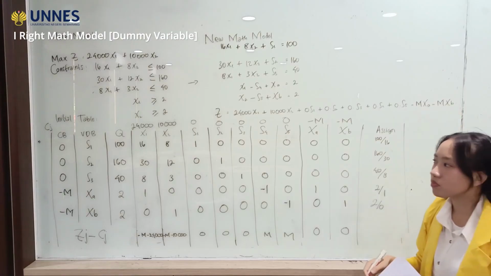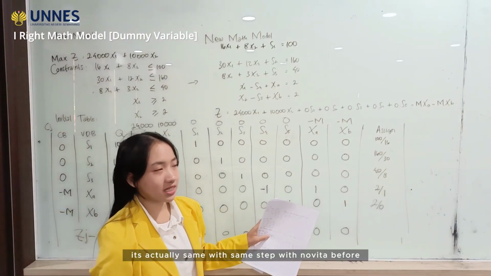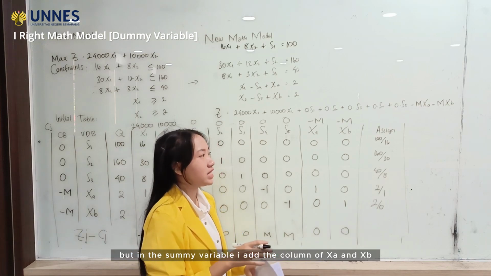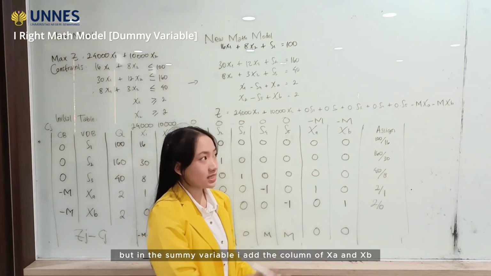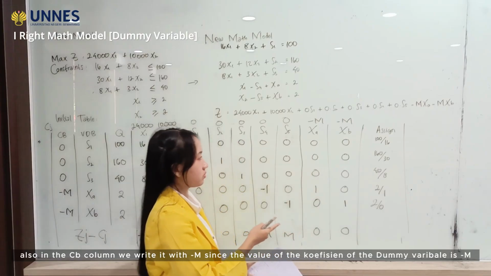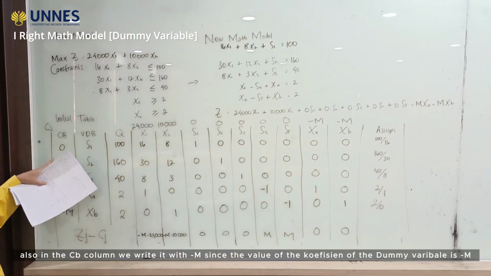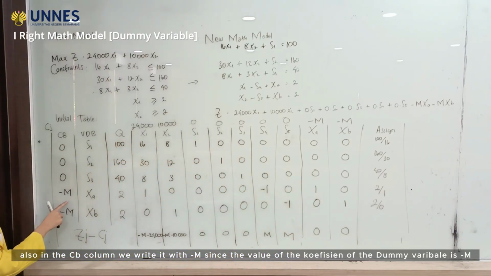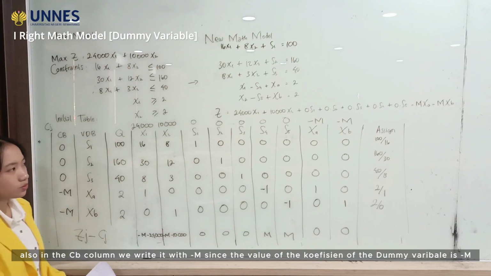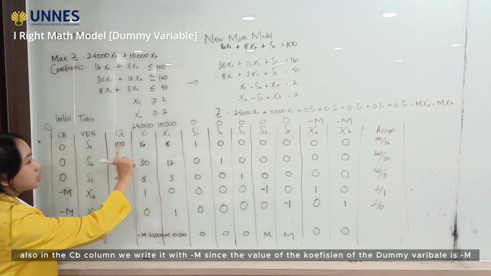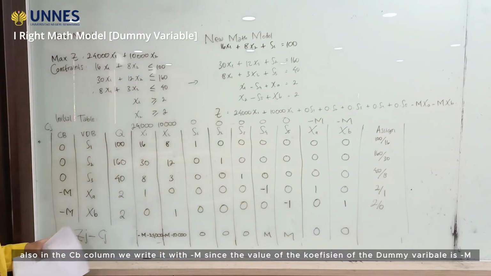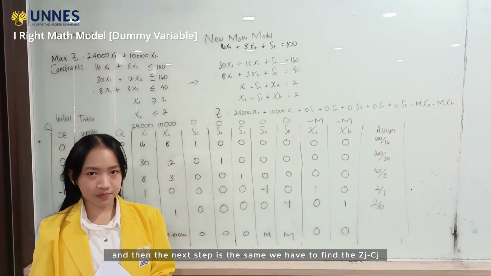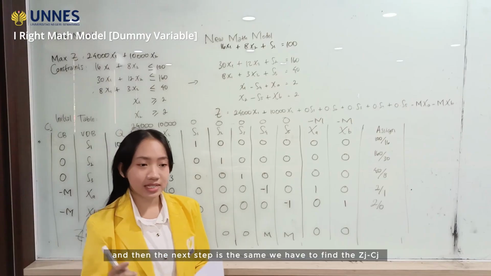Here are the dummy variables. It's actually the same step as Novita before, but with the dummy variables I add the columns of XA and then XB. Also in the Cj we write minus M and minus M, since the value of the dummy variable is minus M. And then the next step is the same. We have to find the minimum Cj minus Zj.